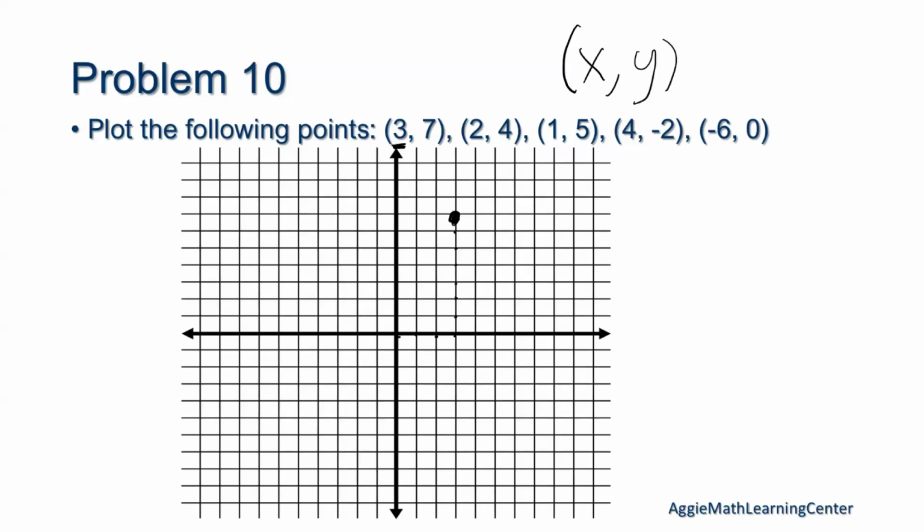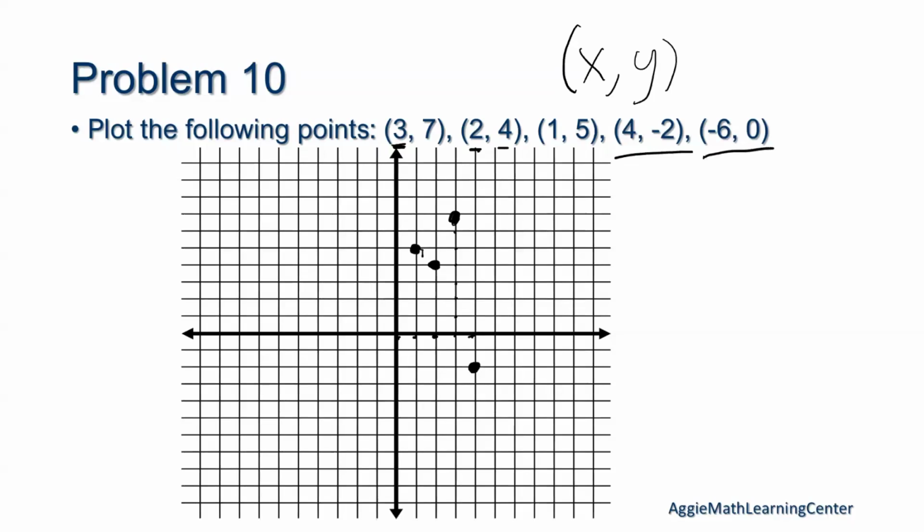Now this next one, (2, 4), we'll go right 2, up 4. Then right 1, up 5. Now, here's one that's different because we have a negative. So the x is still positive, so we still go right 4. But then because we have a negative y, we go down 2.